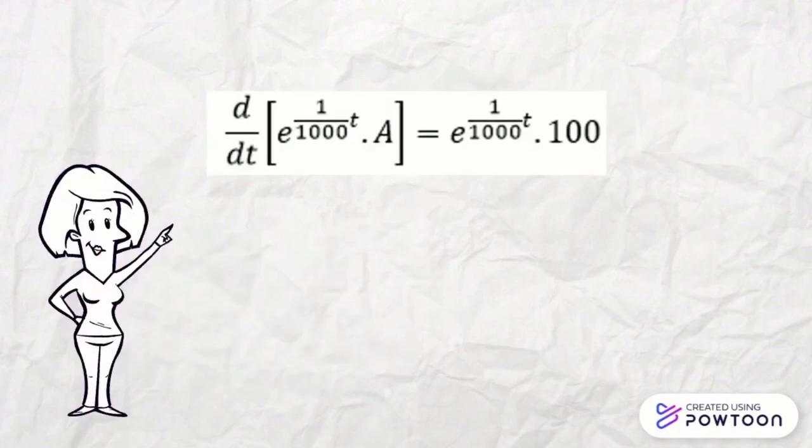Next, we differentiate the product of V(t) and A, which is the derivative of e to the t over 1000 times A, and we get e to the t over 1000 times 100.